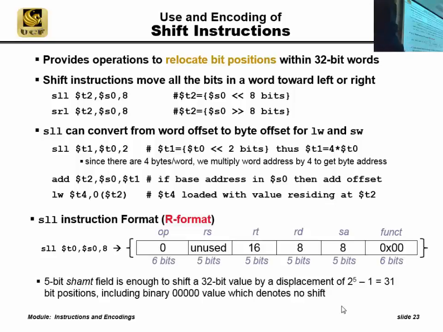Here's an example to shift all the bits in a word right or left. What's the amount of shift? Here is a shift amount. The shift amount goes into this field. See SA, shift amount. Some data sheets say SA, other ones say SAMT, or they use SH, SHAMT, shift amount. That's the number 8. Why is the number 8?